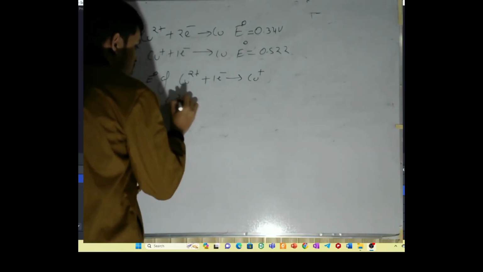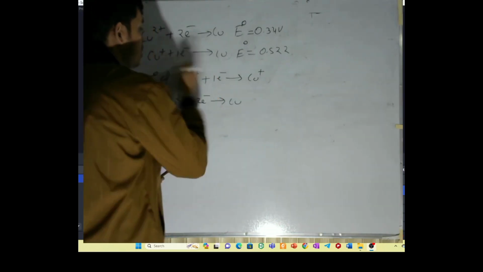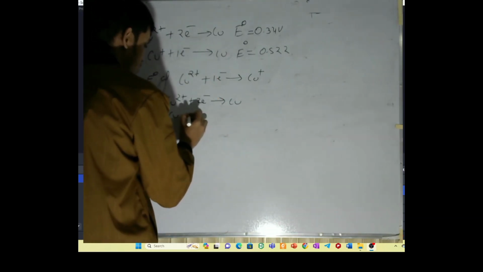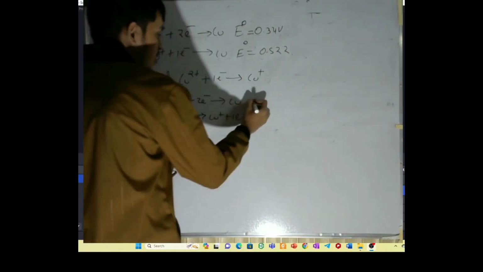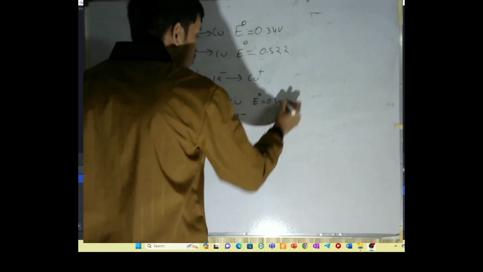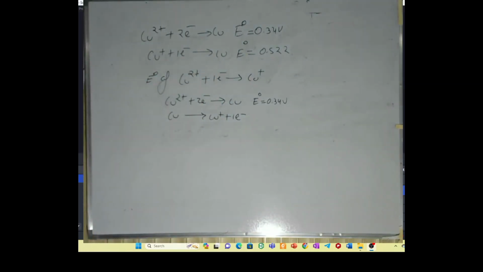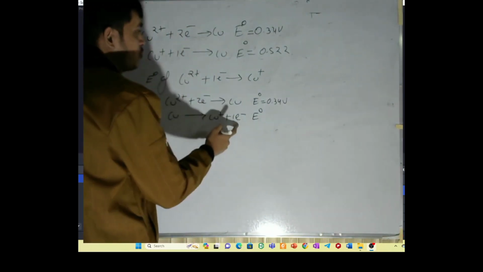Let's try to generate this reaction with the help of these two reactions. So here Cu2+ plus 2 electrons gives Cu. Reverse this: Cu gives Cu+ plus 1 electron. Here I am not reversing the first reaction, so the electrode potential will be the same, that is 0.34 volt. Here actually I am reversing this reaction.